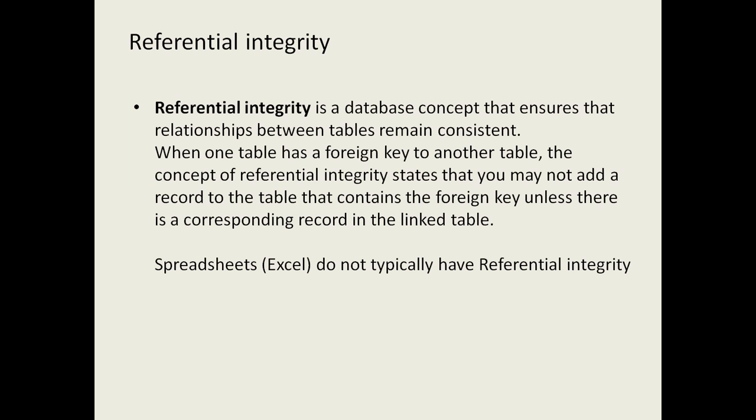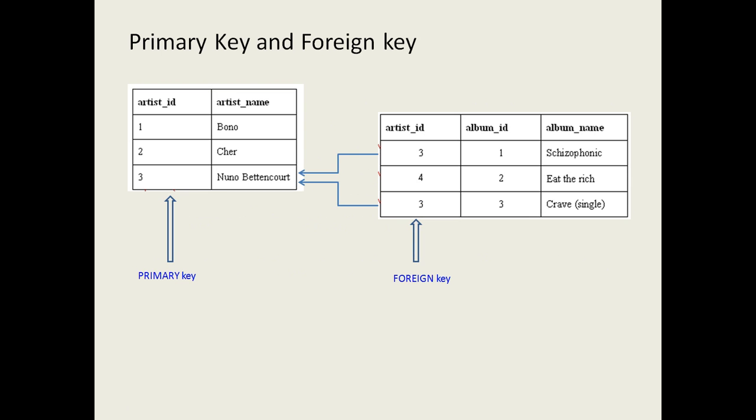When one table has a foreign key to another table, referential integrity states that you may not add a record that contains a foreign key unless there is a corresponding record in the linked table. This is a powerful thing that the database does that spreadsheets don't do. And that's why you are allowed to create separate tables, because you're comfortable with the fact that the database will check all the references. So these are the two fundamental concepts for a database.